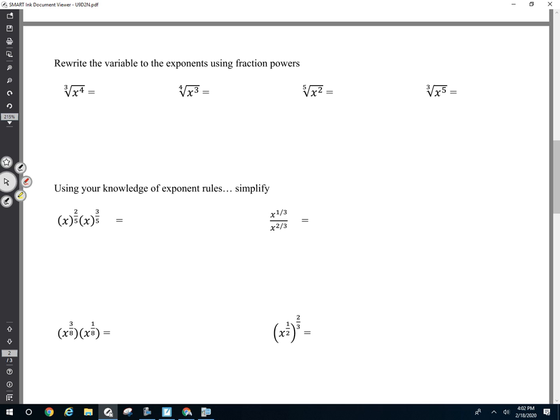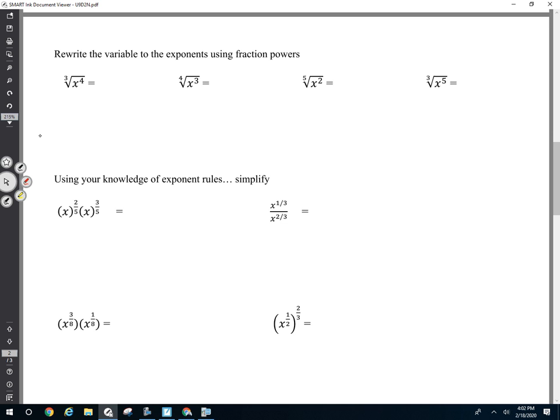What's the most helpful for the ones we're about to do is not keeping things in this form. What's most helpful is to rewrite x to the 4th cubed root as x to the 4th to the 1/3. Right? Just like we've done.